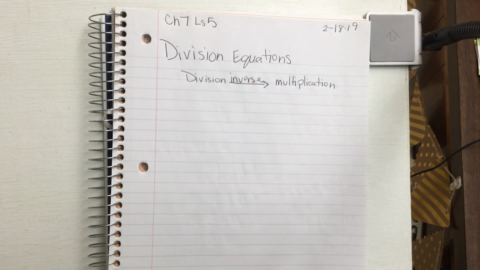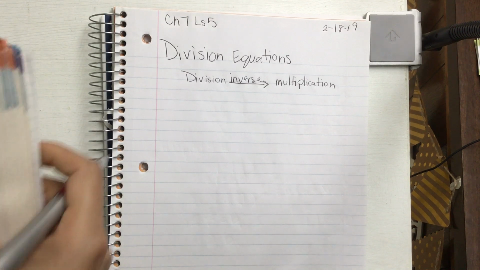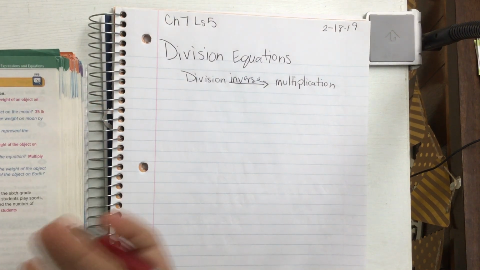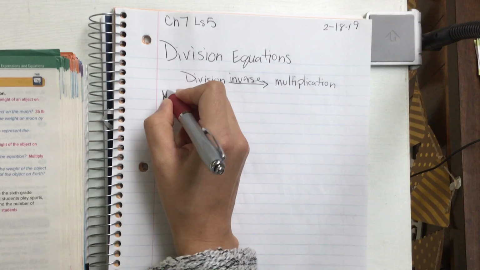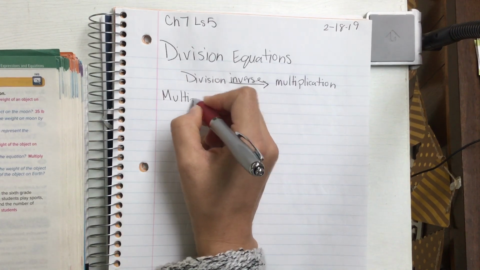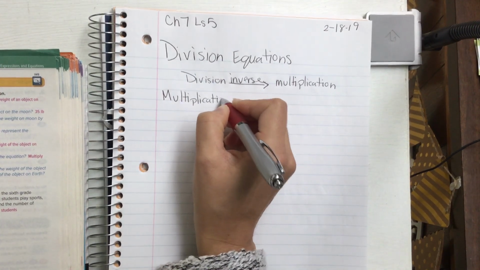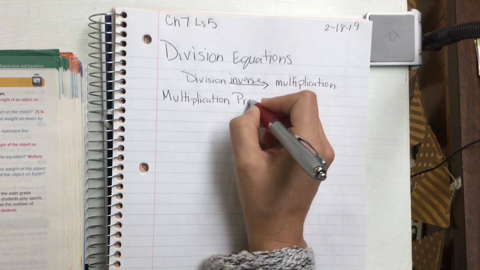Every time we had a new type of equation, what did we call the property? Property of equality. So today we are talking about the multiplication property of equality.